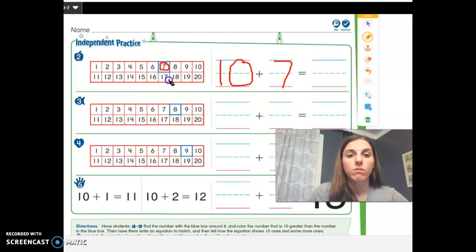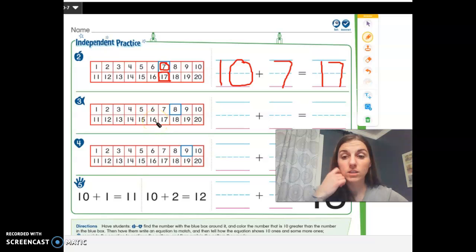Okay, it's going to be right under it. What's the answer? 17. Okay, what's 10 more than 2? 12. What's 10 more than 4? 14. What's 10 more than 6? 16. So the answer to your 10 more is right below it.